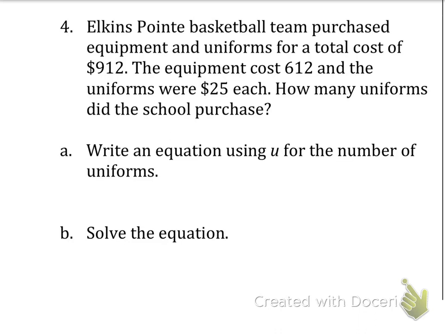Number 4. The Elkins Point basketball team purchased equipment and uniforms for a total cost of $912. The equipment cost $612 and the uniforms were $25 each. How many uniforms? So that's our x. Well, okay, but we want to use u. Sorry, u.